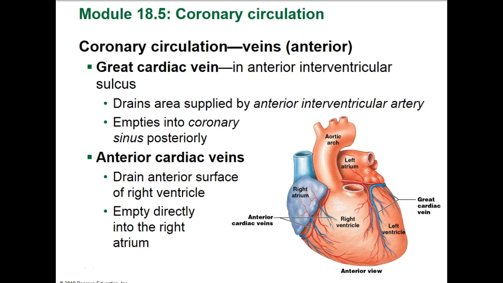Okay, the anterior cardiac veins, they drain the anterior surface of the right ventricle, and they empty directly into the right atrium. So we see the great cardiac vein here on the right side of this picture. And you see the anterior cardiac veins shown on the left side of this picture.